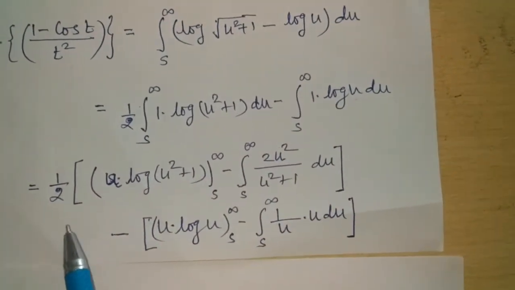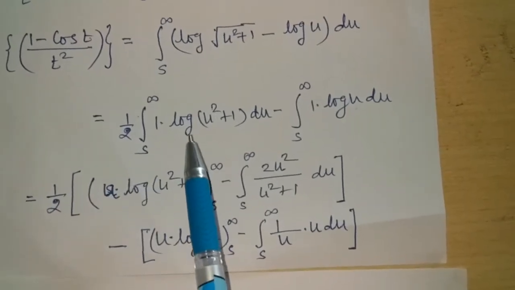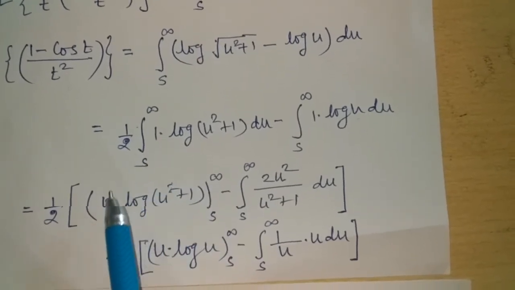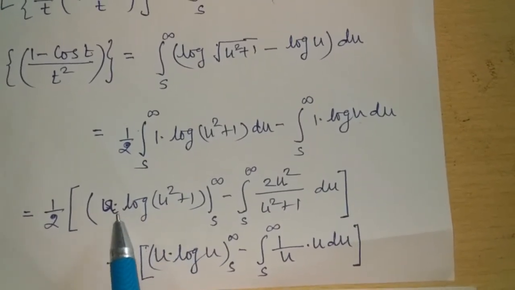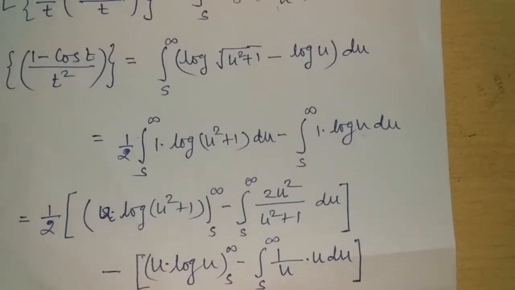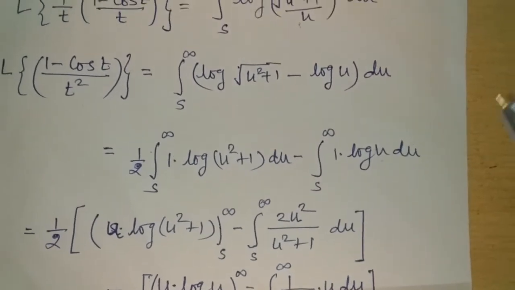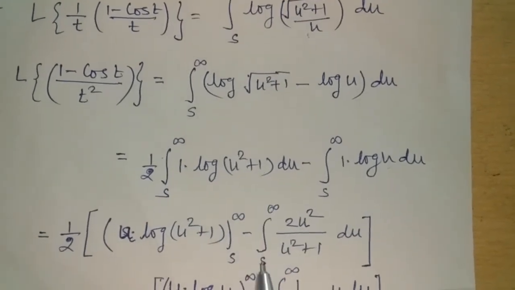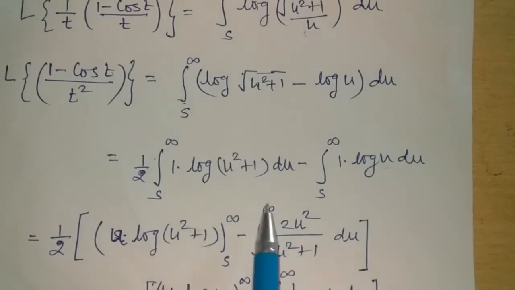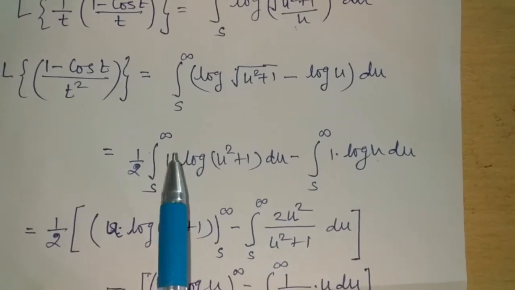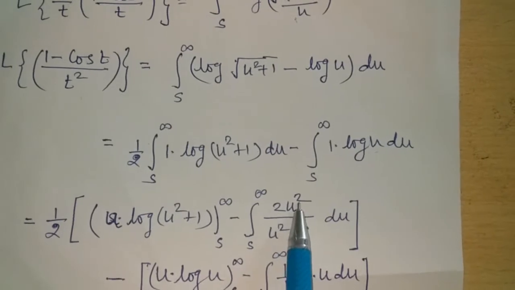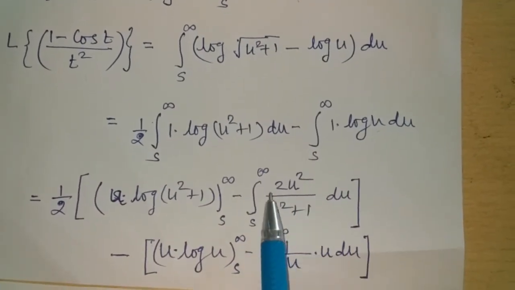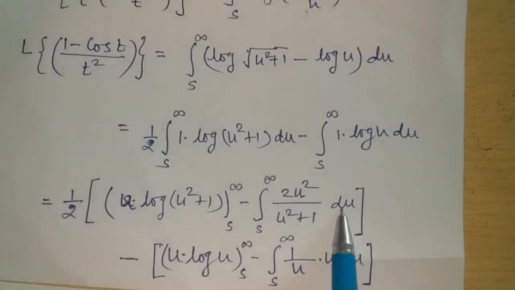1 by 2 as it is, constant multiple. First as it is, that is log of u square plus 1, integration of the second, integration of 1 is u, from s to infinity, minus the integral from s to infinity of the differential of the first, so the differential of log of u square plus 1 is 1 upon u square plus 1 into 2u, multiplied by the integral of the second, which is u, so u into 2u, that is 2u square upon u square plus 1 du.